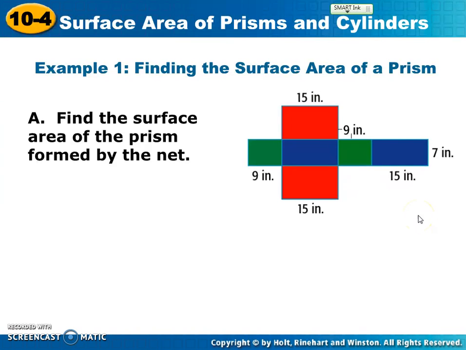Alright, you notice here that everything's color-coded. So the red and the red are the same boxes, right? That's the top and the bottom because it's just laid out flat. Here the blues, front and back. Greens are the sides. So you notice that they're color-coded.